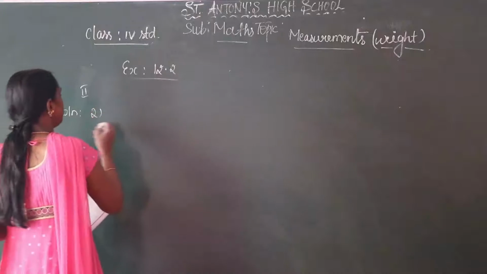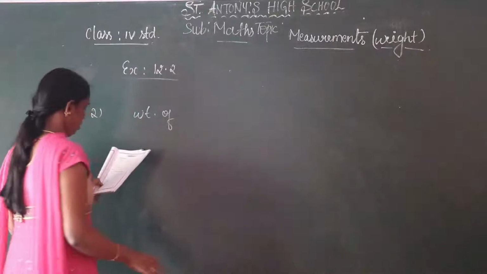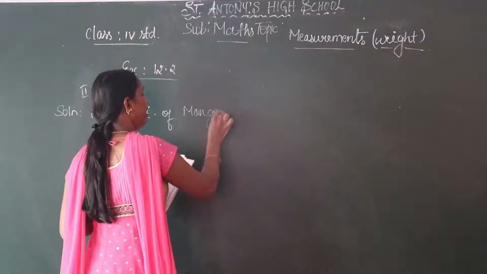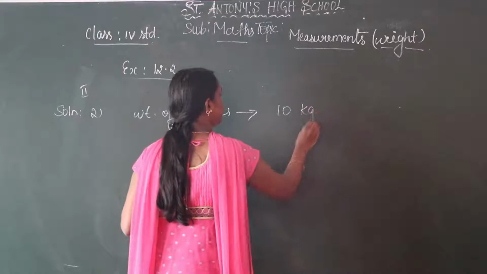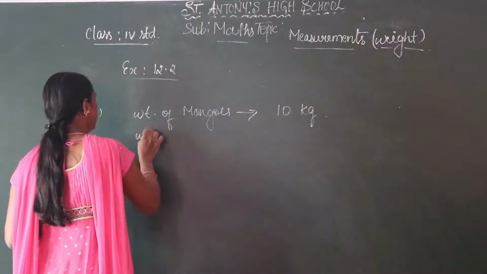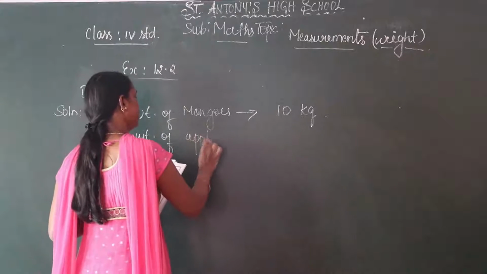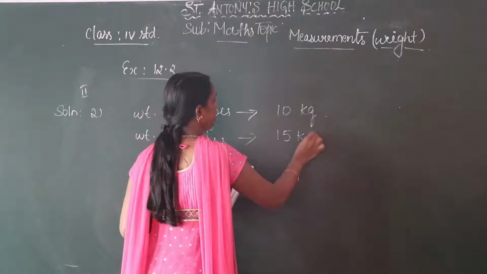Second question. Weight of mangoes. How much? That is 10 kg. Next, weight of apples, 15 kg.